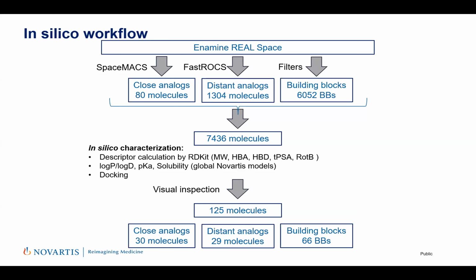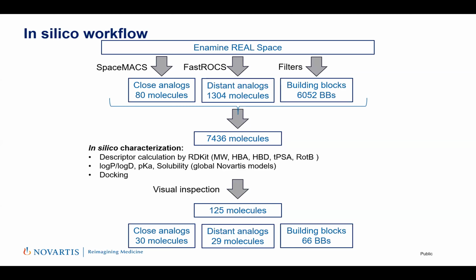So we collected a number of fragment-like molecules and went into further in silico characterization by simple properties, by somewhat more complex properties, throwing everything at our target in a docking once, and lastly doing a visual inspection of all of this to arrive at 125 molecules that were actually deliverable: 30 close analogs, around 30 distant analogs, and then a little over 60 building blocks.